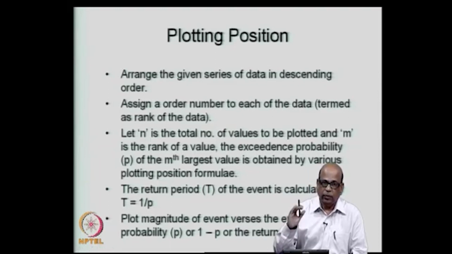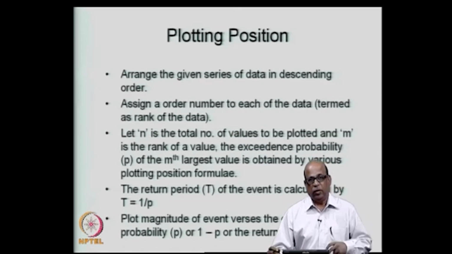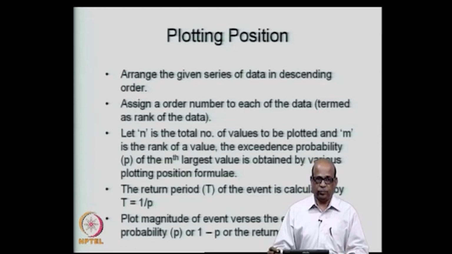That is all. That means, we have assigned to each of the data points a rank m, and n is the total number of values. So, associated with this m, we estimate the probability of exceedance using both m and n. And the return period of a particular event is typically calculated by 1 over p, where p is the probability of exceedance.